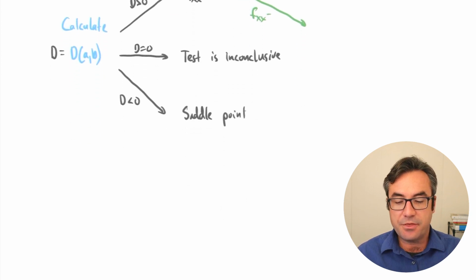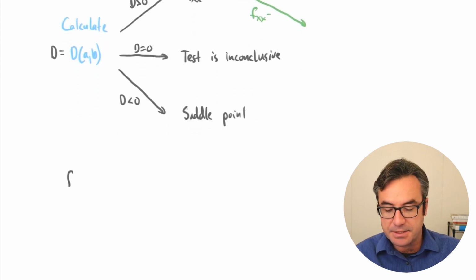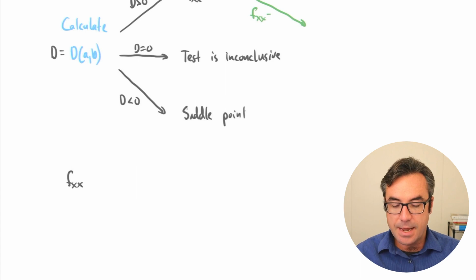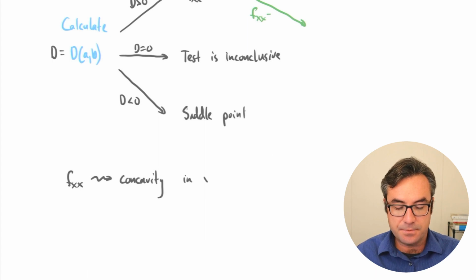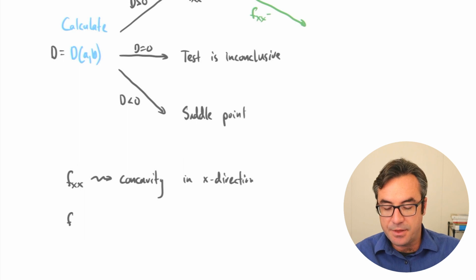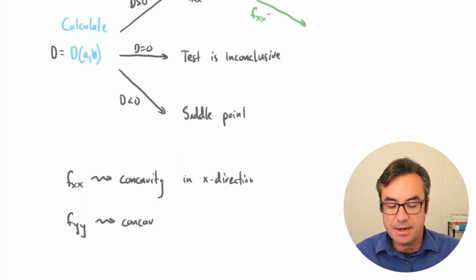So we want to think of f double x as really giving us the concavity in the x direction. And we want to think of f double y, again, as giving us the concavity of our graph in the y direction.